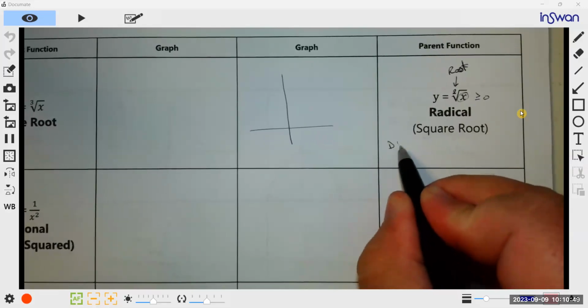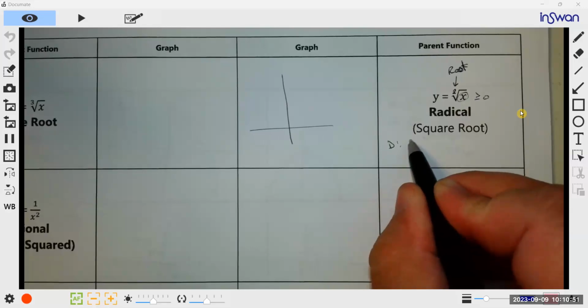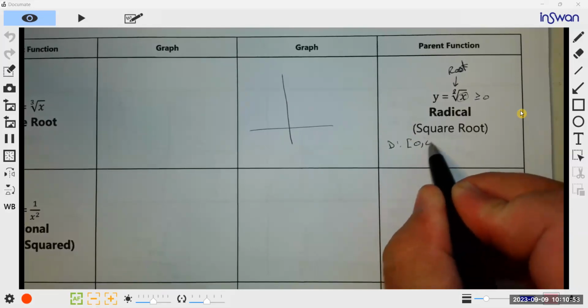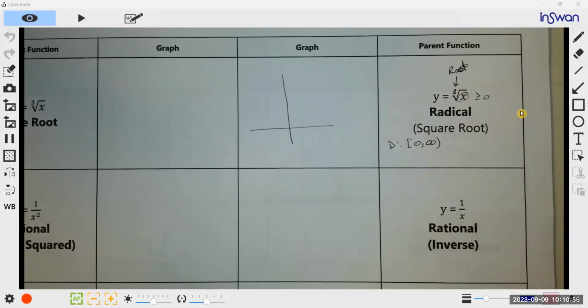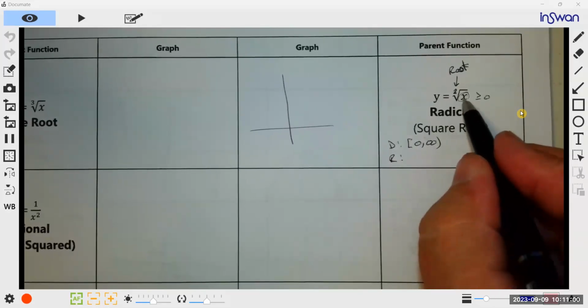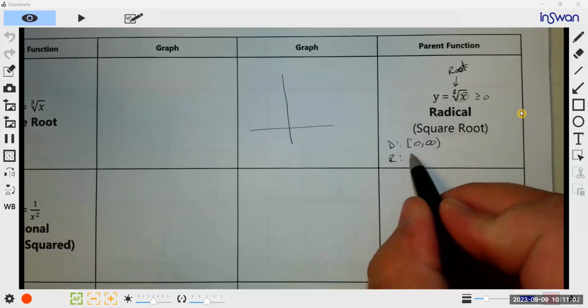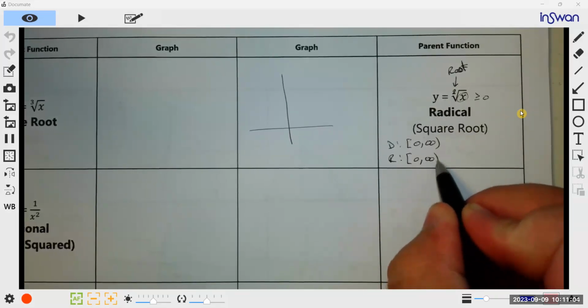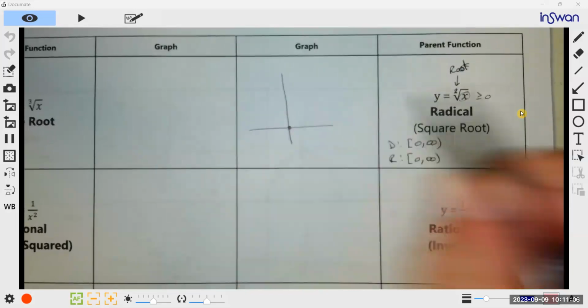So that's our domain. It could be 0 or it goes on forever. But the range, since it's only positive numbers in there, it comes out positive, so it's going to be the same.